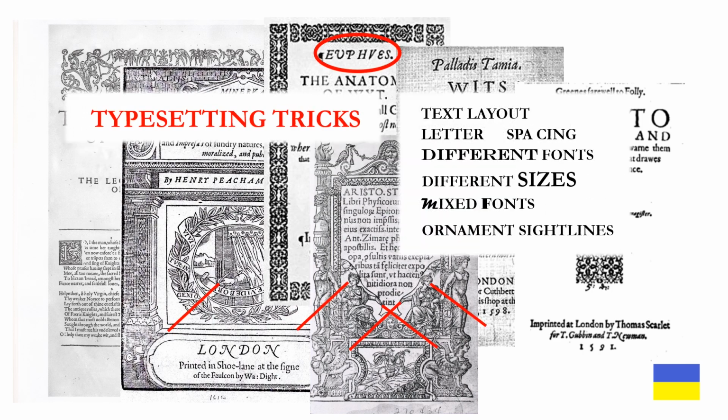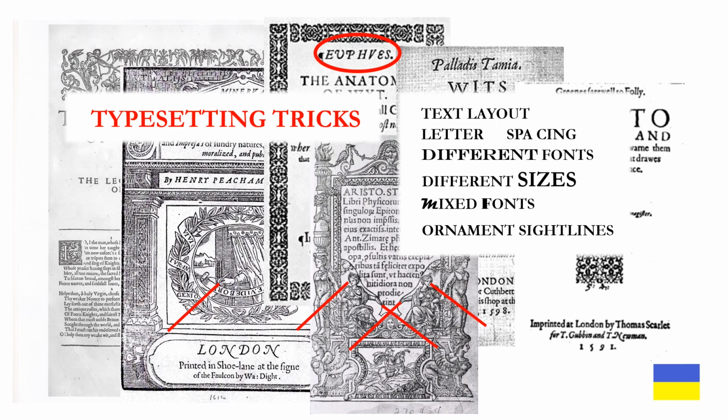The first general method that they used was typesetting tricks. That means text layout. So where letters and numbers appear is just as important as the words and numbers they are next to. The next thing we have is letter spacing, as in our example. Anything that looks just slightly out of place could be a clue. The use of different fonts is common. The use of different sizes of fonts is common.